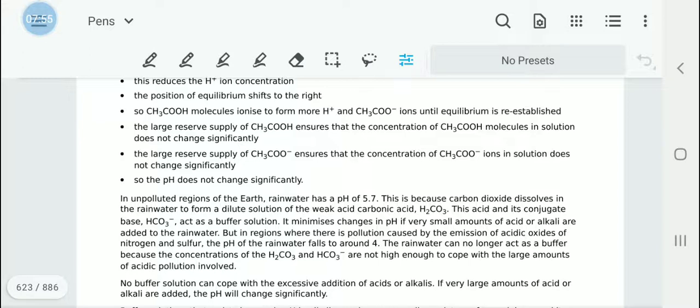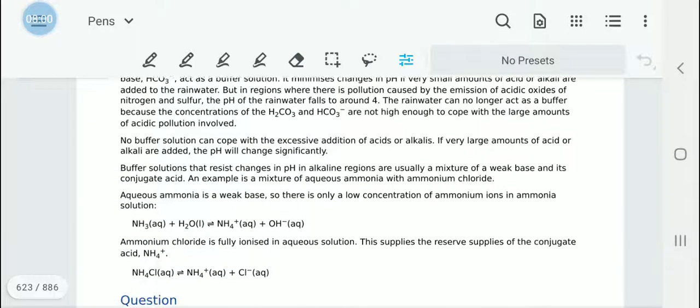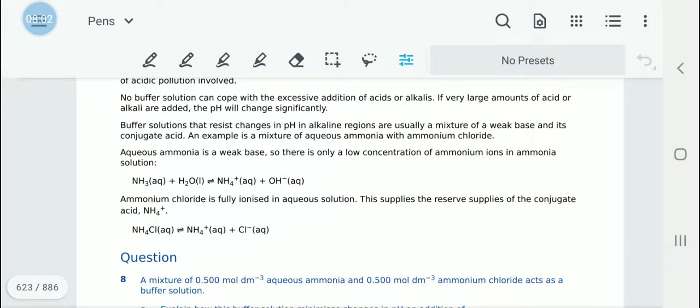You must understand that we are only talking about small amounts of acids. If you add large amounts of acids or bases, then the pH will change significantly.